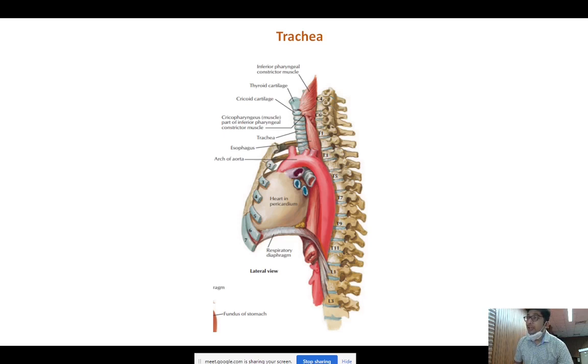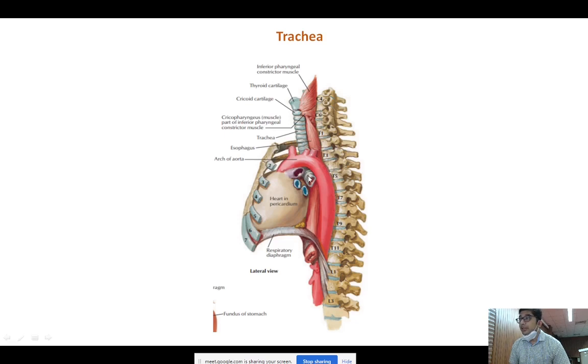Very nice. Because we'll be having a clear picture over here. So the sternal angle, see here, the second rib attaches here. It corresponds to T4. The part above is the superior mediastinum. The part below is the inferior mediastinum, which again can be divided into three.